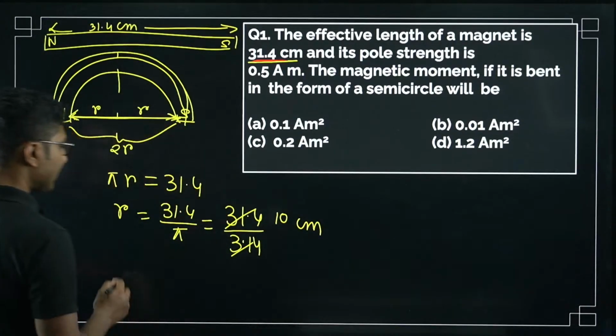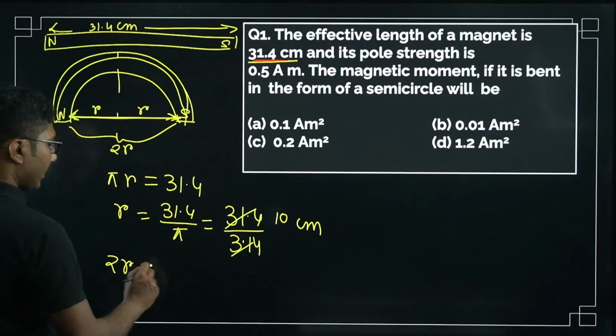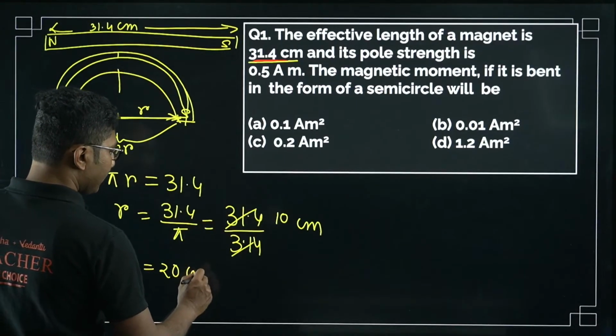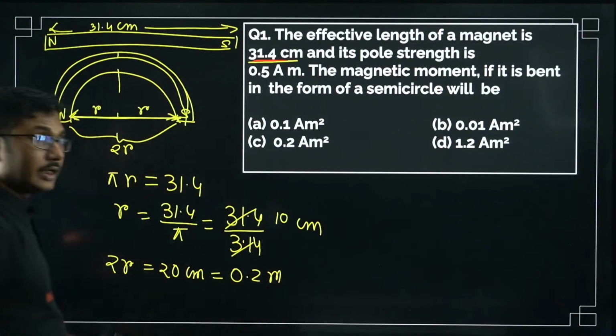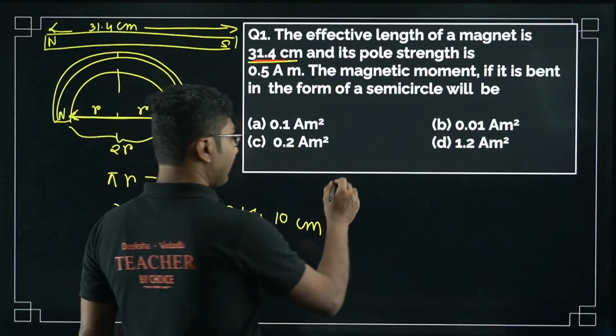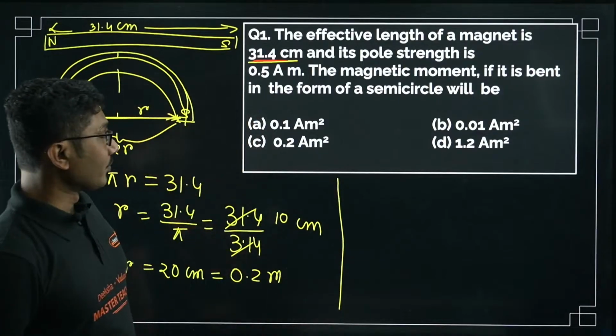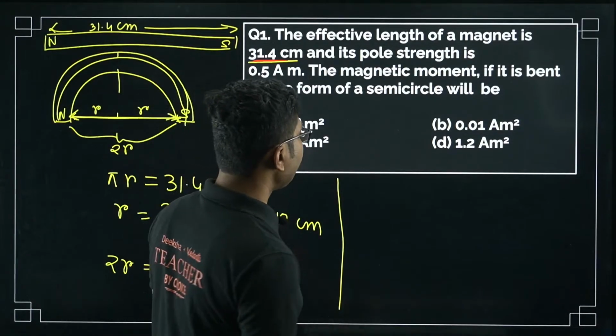So r is 10 centimeter, so 2r is 20 centimeter. 20 centimeter means 0.2 meters. So we have calculated 0.2 meters. Now what is the magnetic moment?